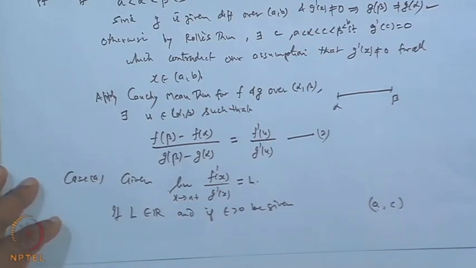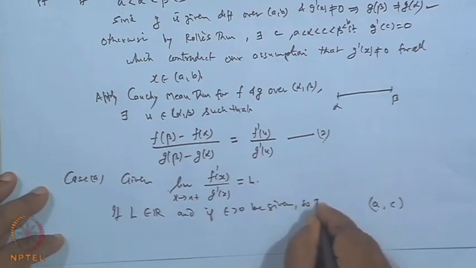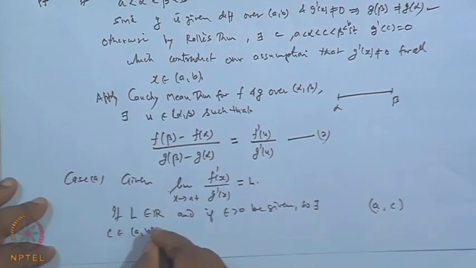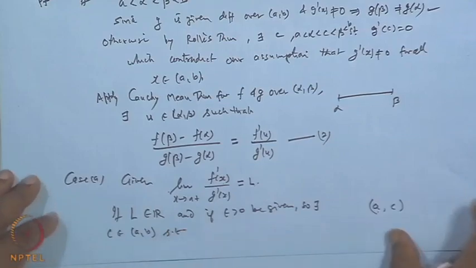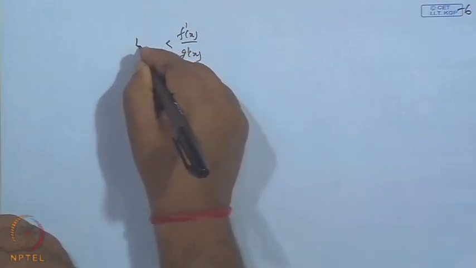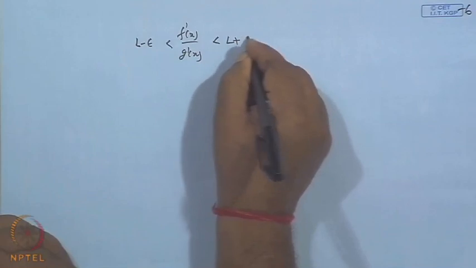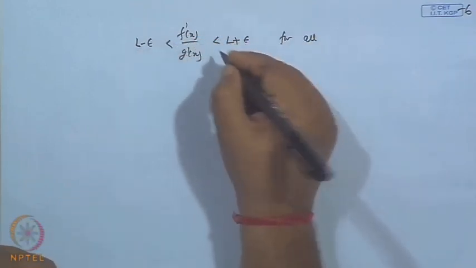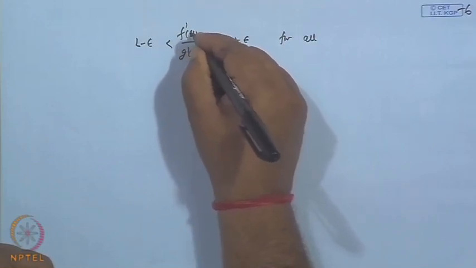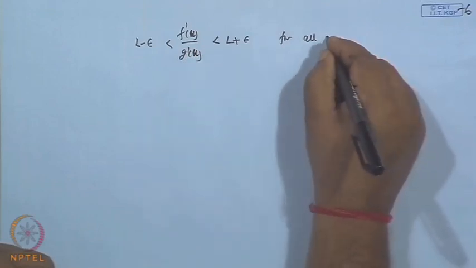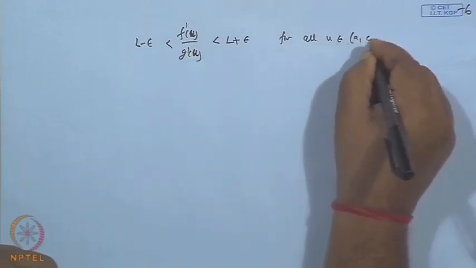So, we can say there exists a c belonging to the interval (a, b) such that f prime u over g prime u lies between L minus epsilon and L plus epsilon for all u belonging to the interval (a, c).